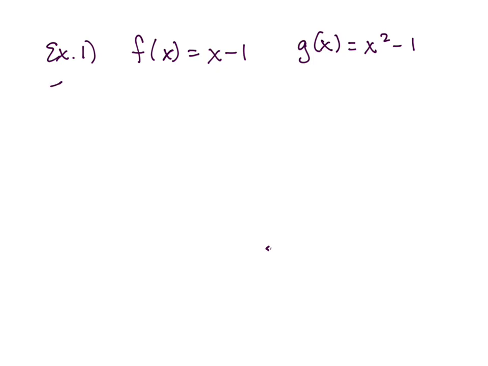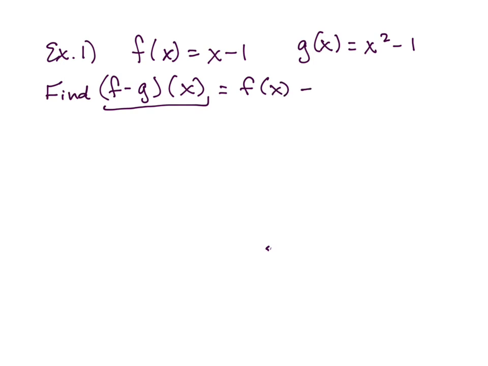The instructions here say find f minus g of x. And I really hate this formatting. I don't understand it. I would prefer that they told me f of x minus g of x. And then it's very obvious to me what I should do.